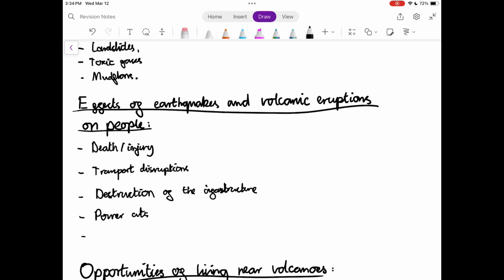So therefore, there may be blackouts in different settlements within the area. And finally, airports may close. And this is because it may be too unsafe for aircraft to safely take off and land. And therefore, it can decrease the amount of tourism in the area where the volcanic eruption or earthquake happened. So it could also negatively impact the economy.